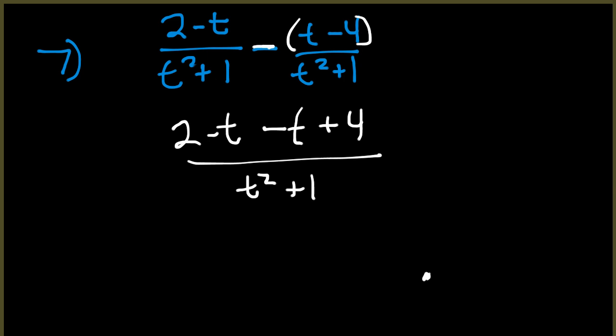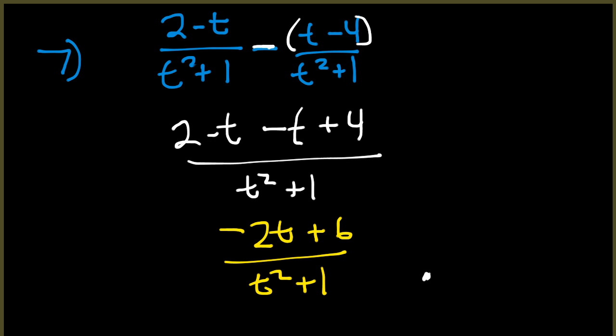So I get negative t and negative t, make negative 2t. Negative 2t and I get positive 6 all over t squared plus 1. Now I can simplify that a little bit more.